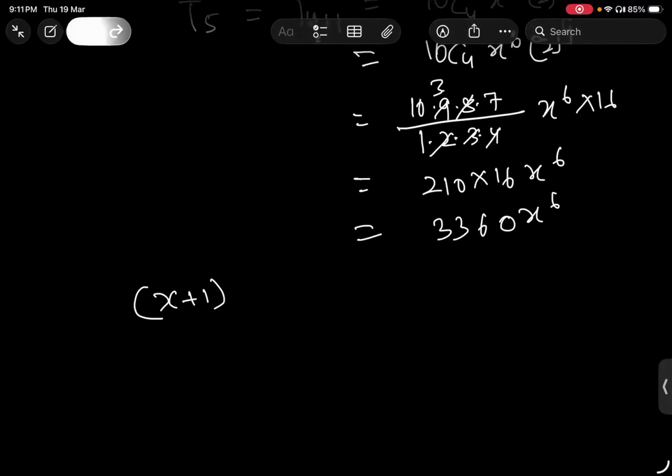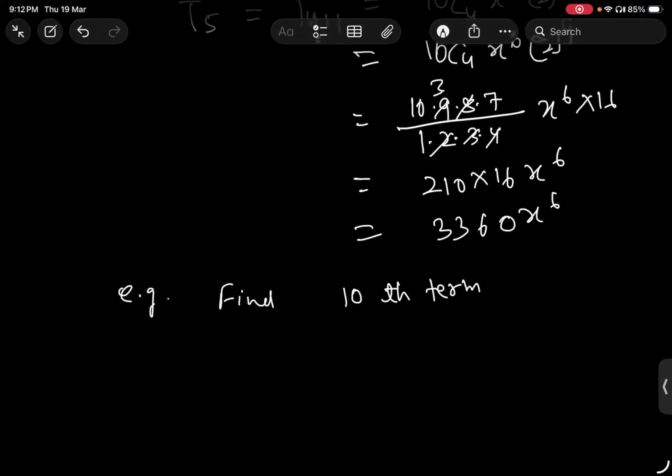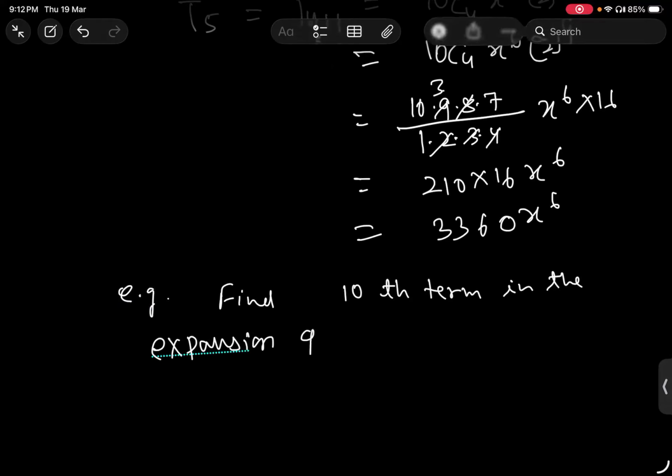Find the 10th term in the expansion of (x + 1) to the power 15.